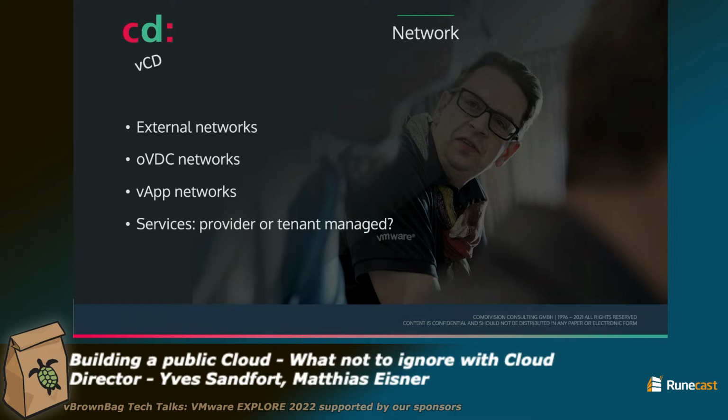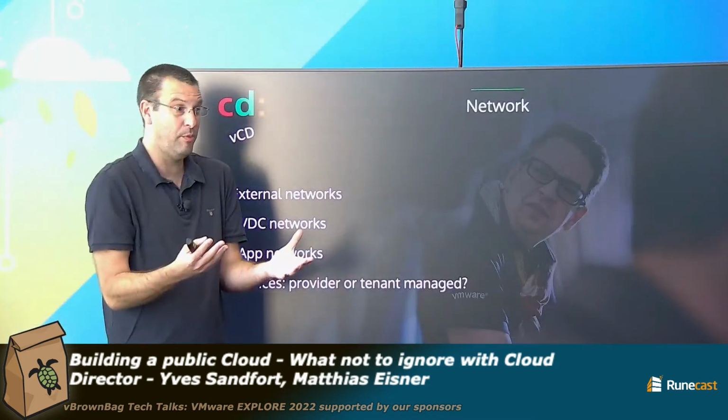So, networking. Networking is the second part, aside from the allocation model, which needs a huge amount of design, because we need to guide the service provider or the Cloud Director owner through the process of which networks are going to be used for customers. We have seen a lot that networks are not designed: I just start and build something, and out of nowhere it really works.